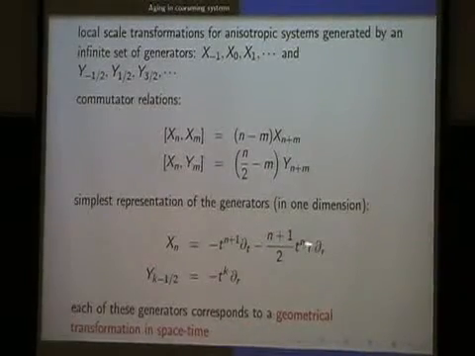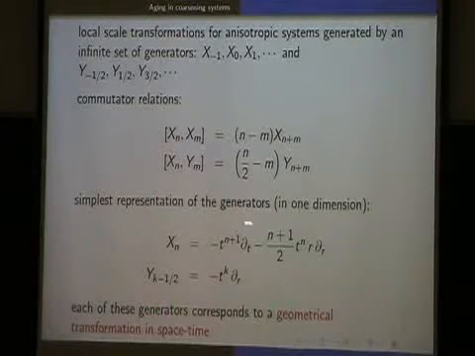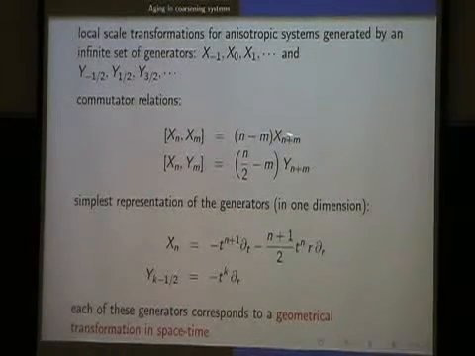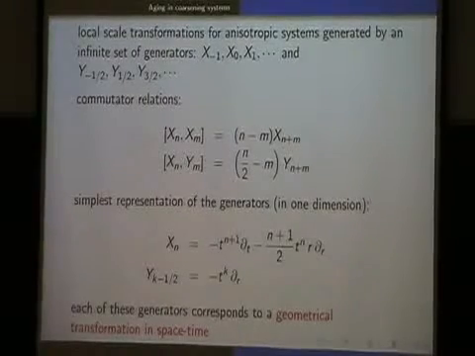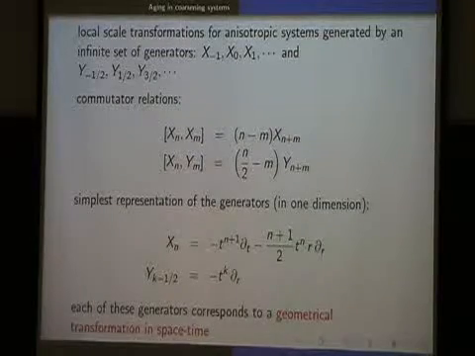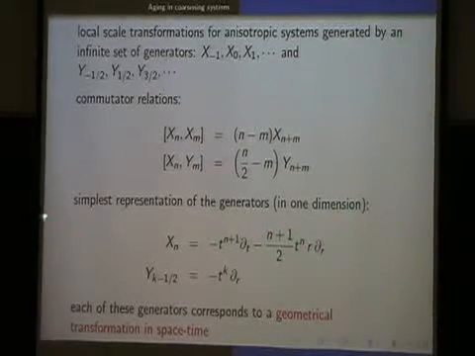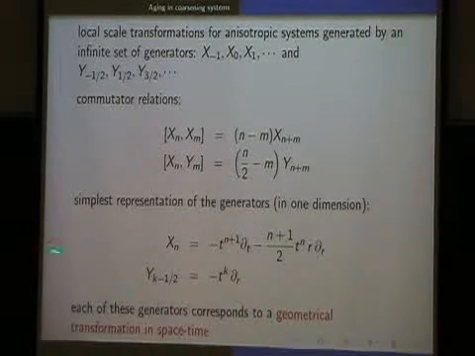These are the general forms of how to write down the generators, and this is the corresponding algebra. Again, this is exactly along the same lines as you saw in your quantum mechanics classes when discussing angular momentum. What I want to discuss in the following is how these generators transform space and time.